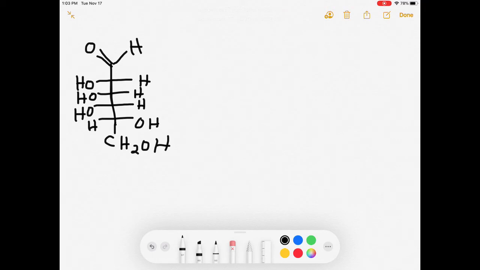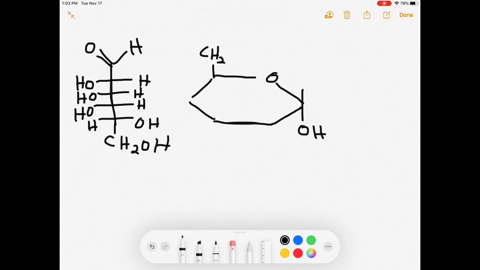Okay, so the first thing we're going to do is draw the Haworth projection. So we'll start with the alpha anomer. So we have the oxygen. And then since it's alpha, we're going to draw the OH coming down. And then we have our CH2OH right here.